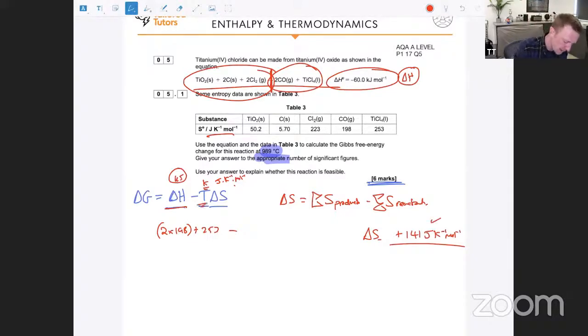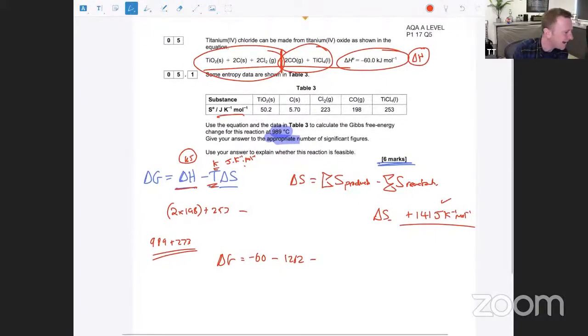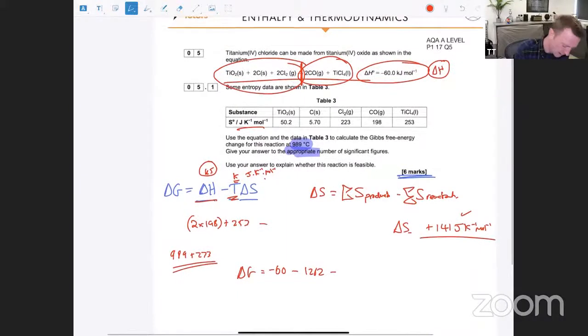Last thing, temperature. That's, of course, 989 plus 273. That needs to be in there. So delta G equals delta H, which is minus 60, minus temperature, which is 1262, and then minus, times delta S. In joules, so it's 0.141 in kilojoules per mole.